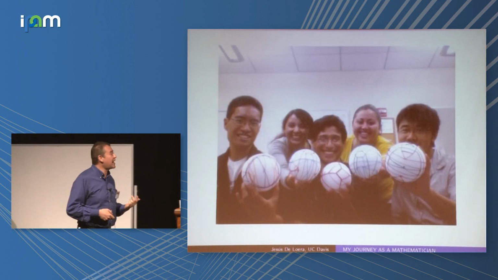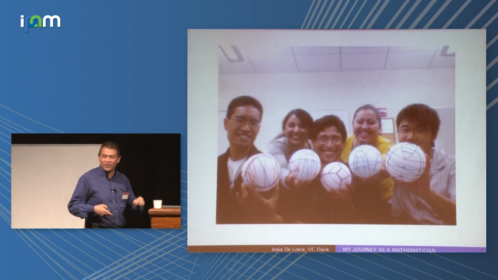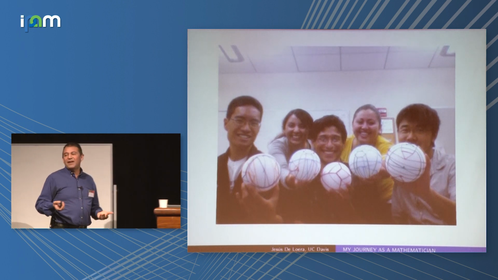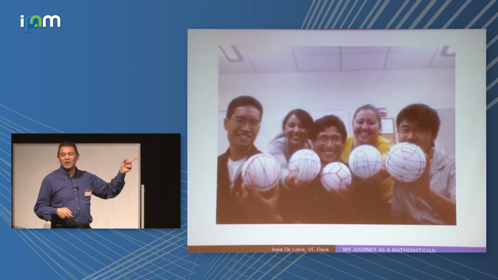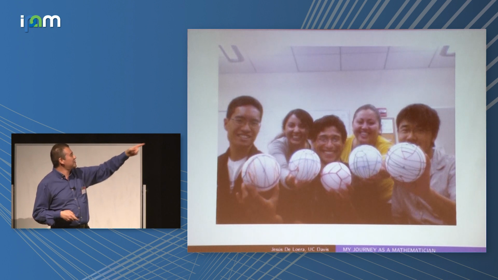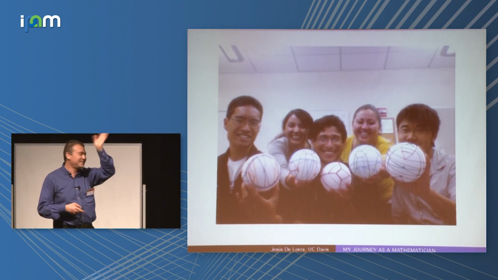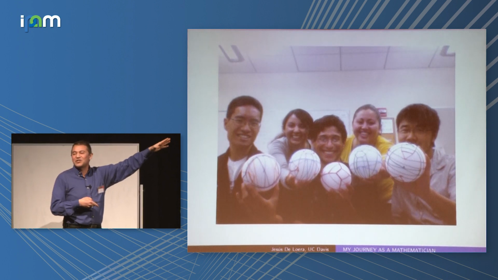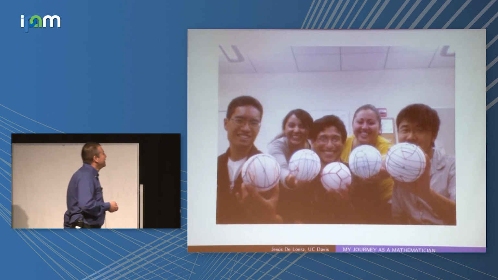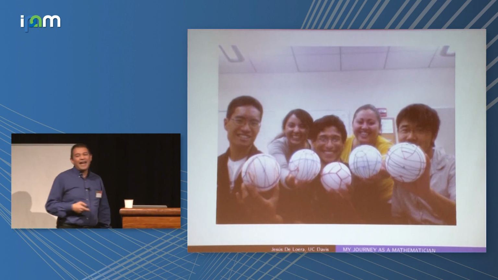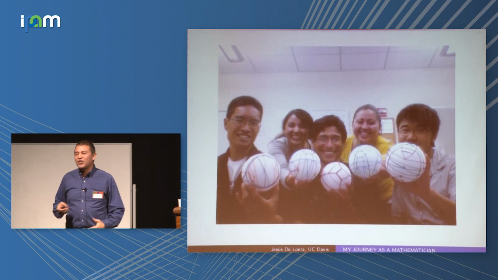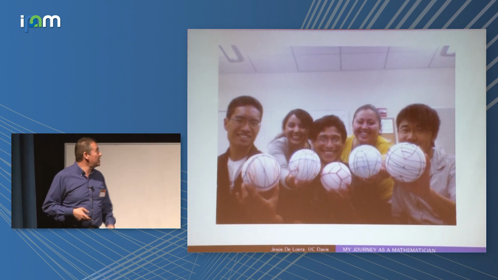Okay, so these are my undergraduates. I just want to finish because I'm over time. I love my undergraduates. These guys are working on oriented matroids. That's why they're showing this. It's cool math, trust me. They're not just making snowballs or something. And I'm very happy to say that over 30 of my undergraduates have gone to graduate school.